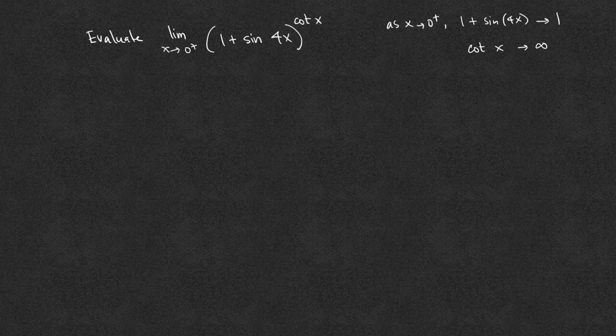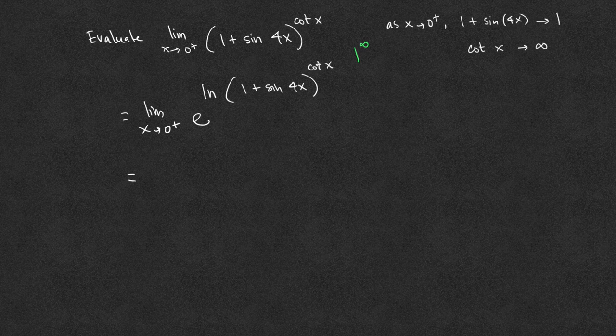This is the indeterminate form of the type 1 raised to infinity, so we can use the L'Hopital rule. To use the L'Hopital rule with the indeterminate power, we rewrite the limit as e raised to the ln of the given limit, (1 + sin 4x) raised to the cotangent of x.